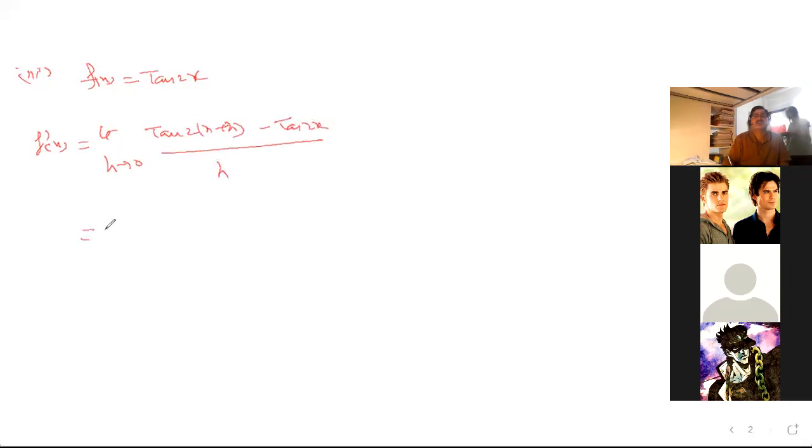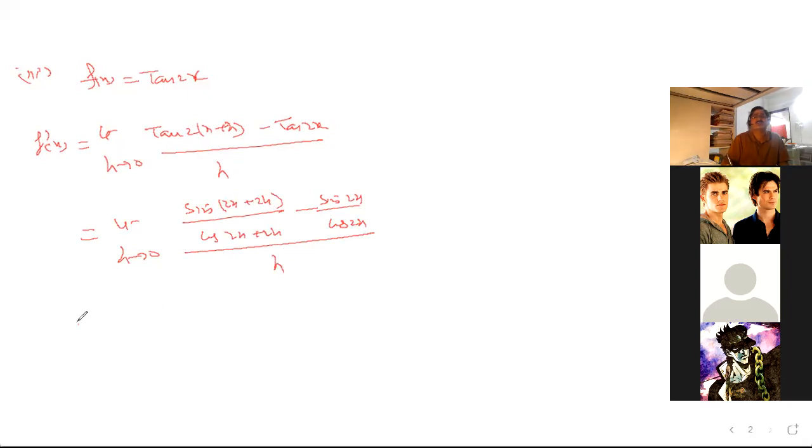Now you can write limit h tends to 0, sine 2x plus 2h by cos 2x plus 2h, and here sine 2x by cos 2x, and in the denominator we have h. If you take LCM, sine 2x plus 2h cos 2x minus sine 2x cos 2x plus 2h, and everything I'll write in the denominator.